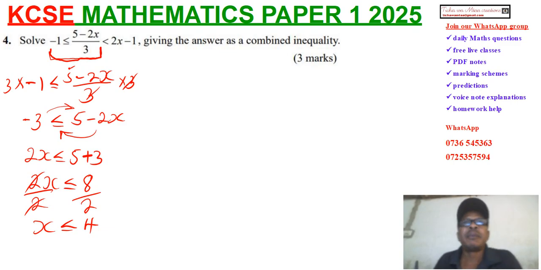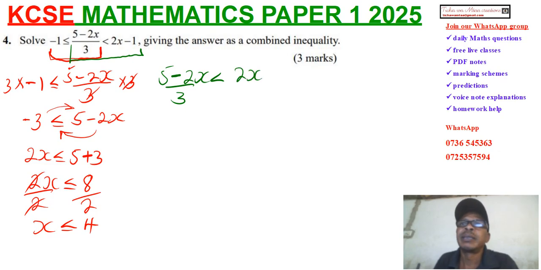Let me show you again. We now take these 2. So we have (5 minus 2x) divided by 3 is less than 2x minus 1.